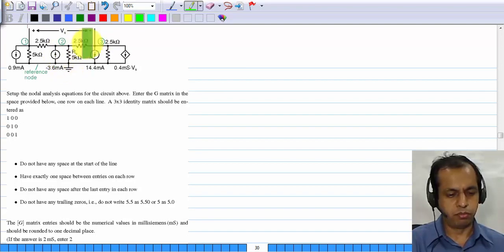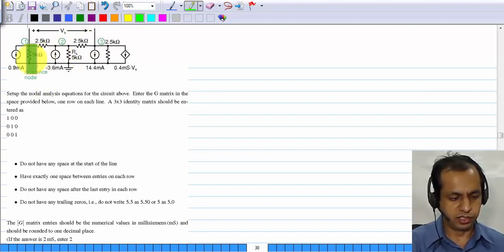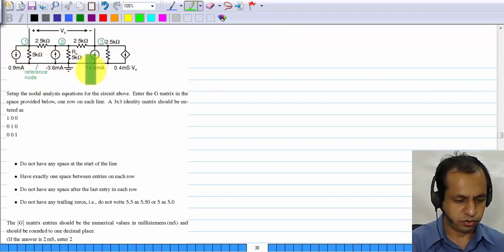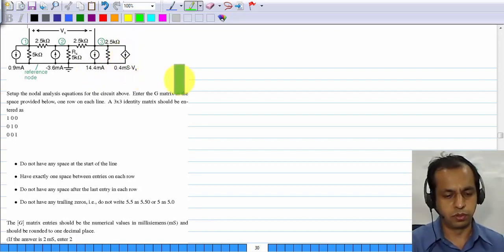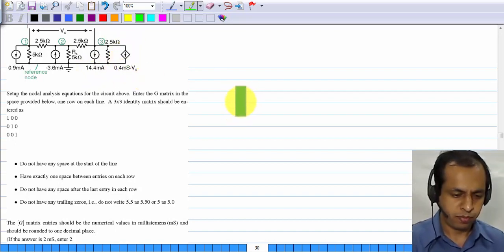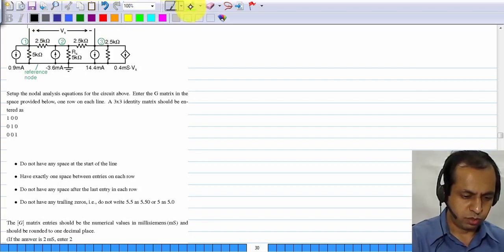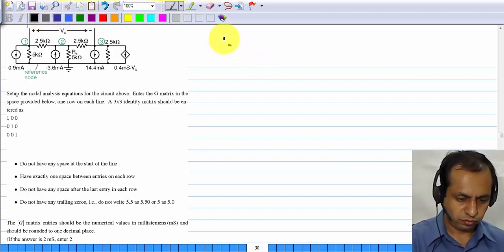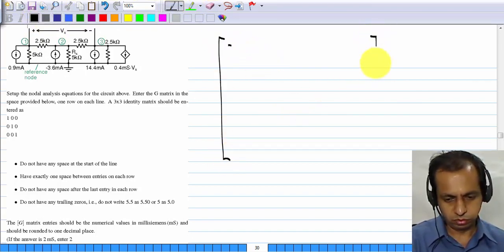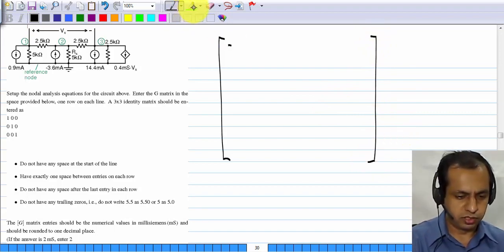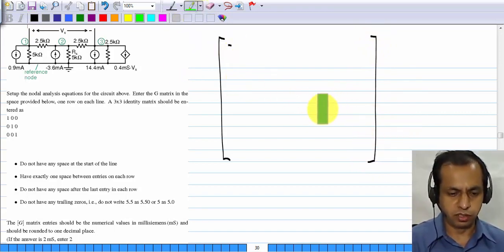The next problem, the circuit now has resistors, independent current sources, and also a voltage controlled current source. Again the nodes are marked. First of all, let me write down the contribution of only the conductances.